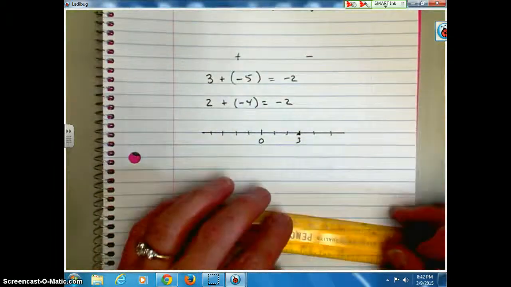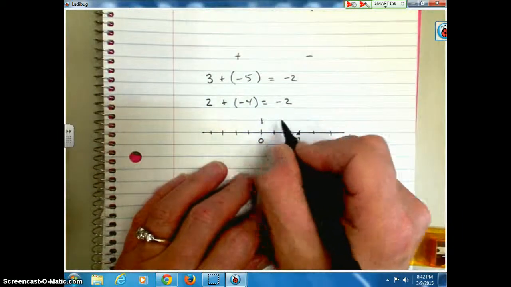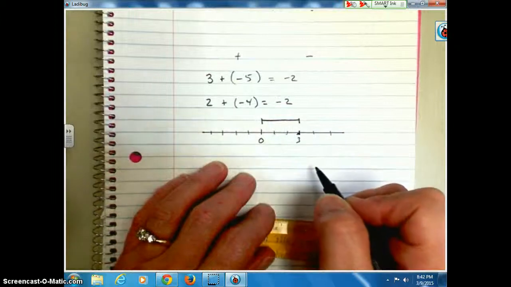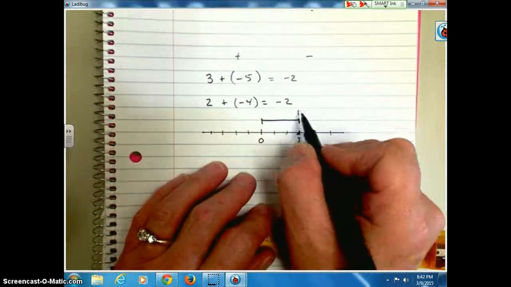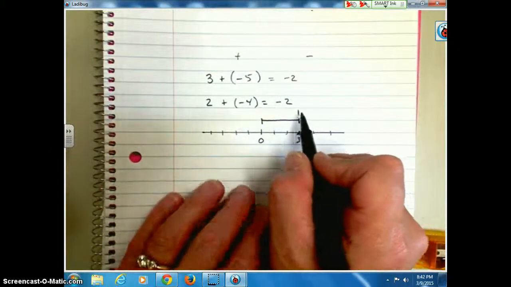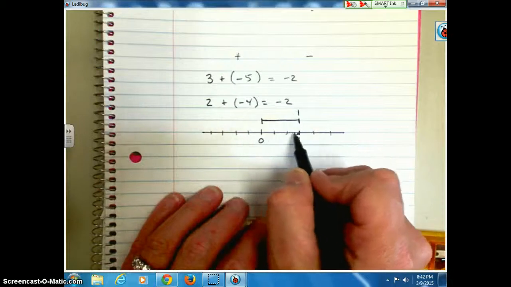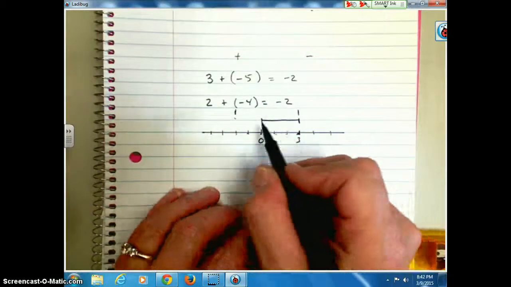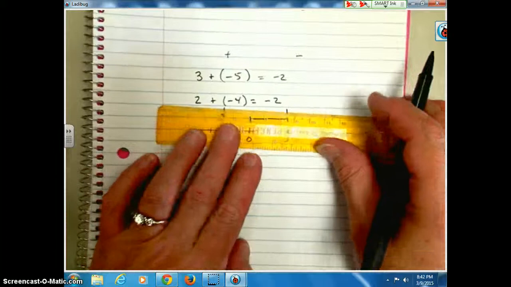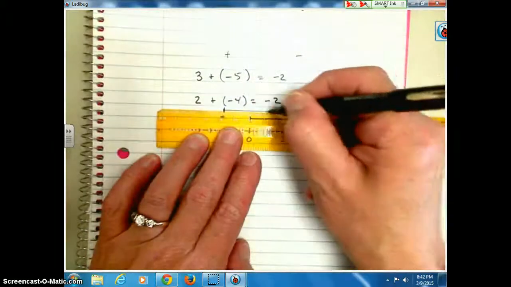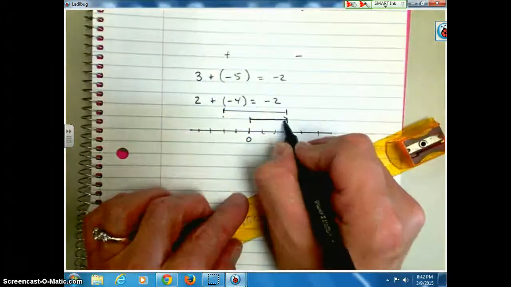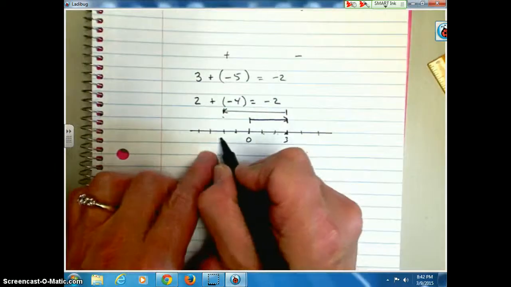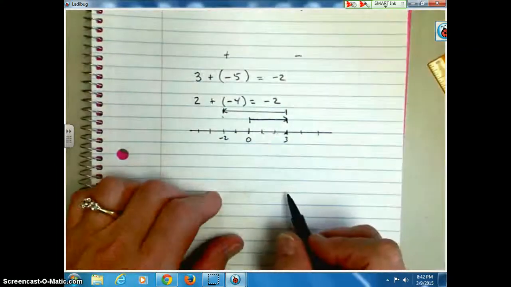So adding 3 looks like this. We go forward 1, 2, 3, and then, because it's negative, we're going to go back 5. So 1, 2, 3, 4, 5, and we're going to end up back here. So we went forward 3 and backwards 5, and we end up with a negative 2.